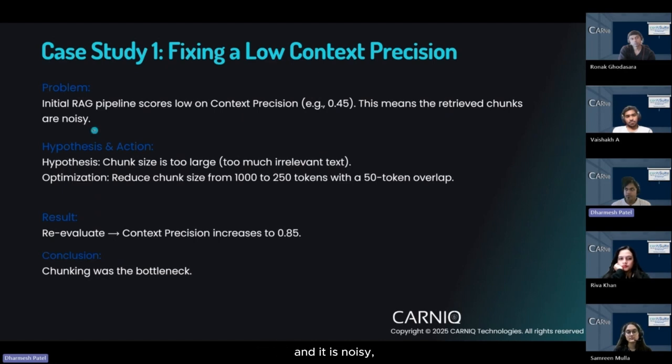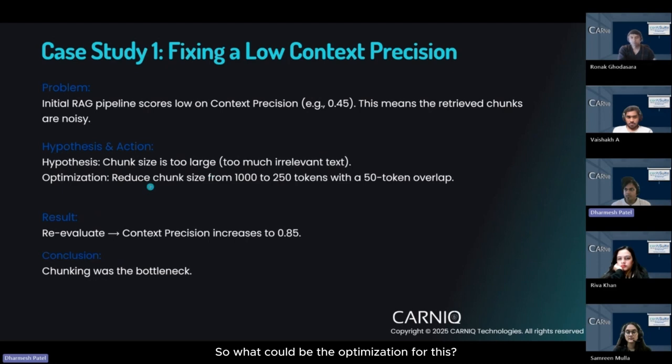That's why you got the lower score. Based on this understanding, the hypothesis is that the chunk size is too large, with too much irrelevant information in the chunk, which could lead to noisy or irrelevant answers.